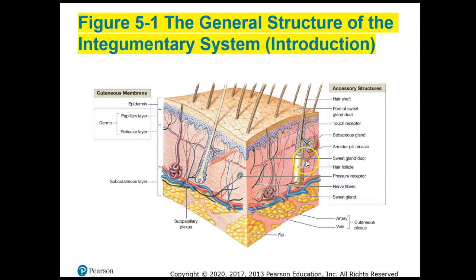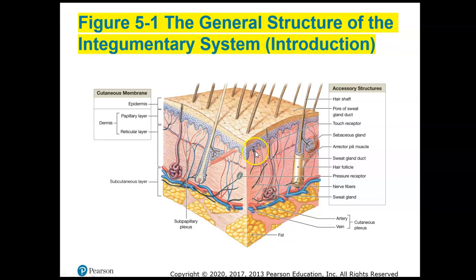The erector pili muscle is attached to the hair follicle, and when that muscle contracts, your hair will stand on end and you will get goosebumps or goose pimples, whatever you call those. We have a pore of a sweat gland duct. And then we have here a sebaceous gland, also known as an oil gland.